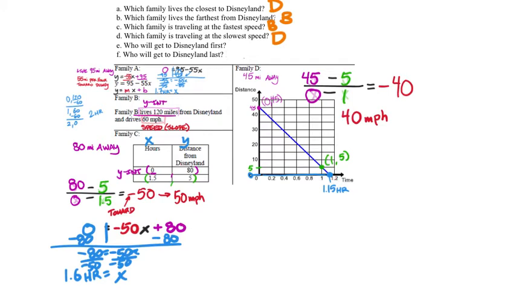So just from this being less than 1.2 hours, family D is going to get there the fastest. They're going to get there first, I should say. Again, they're going slow, but they live so close that it makes up the difference. And then who's going to get there last? Yeah, family B, it's going to take them 2 hours.